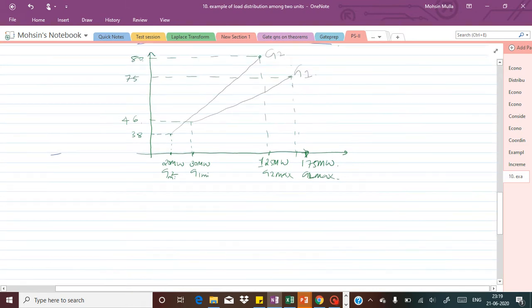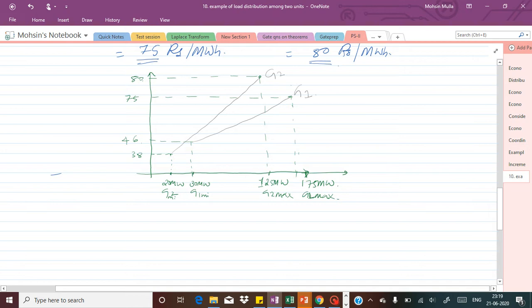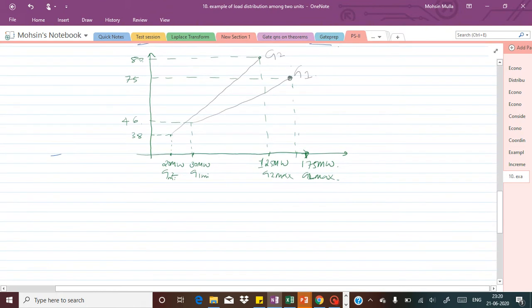Now for generator 2 we have seen that maximum capacity can be reached at 75 rupees per megawatt hour. So let us try to find the power generation at which generator 2 will operate at the same incremental fuel cost.